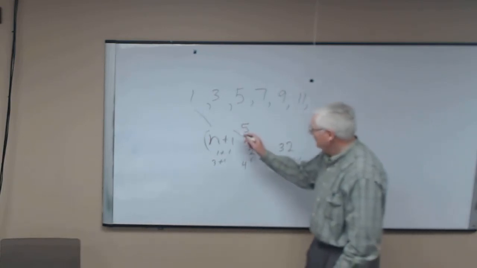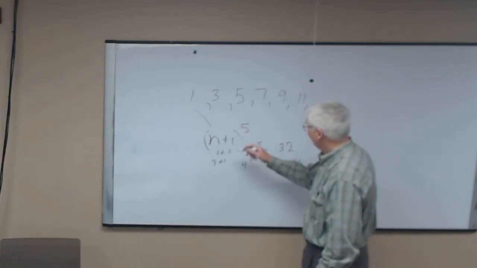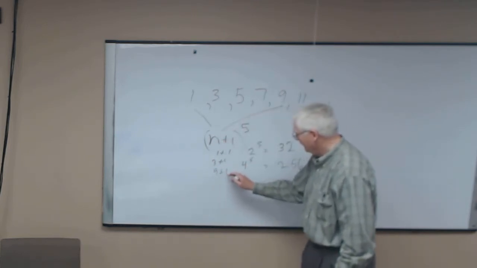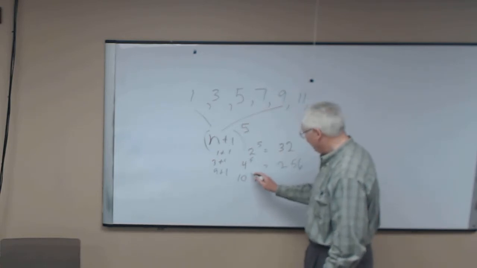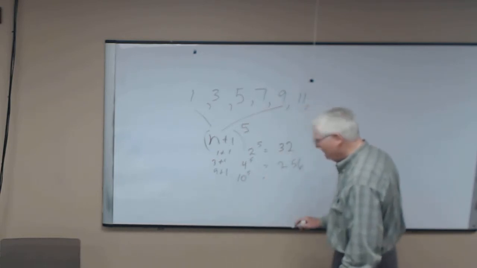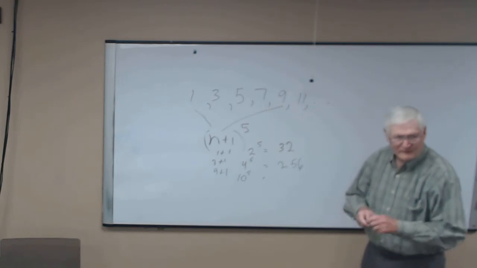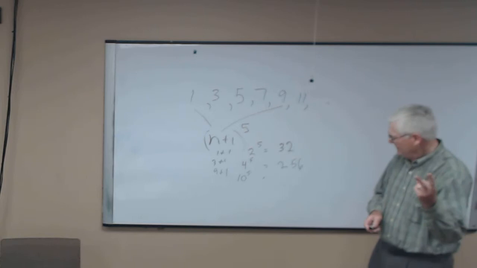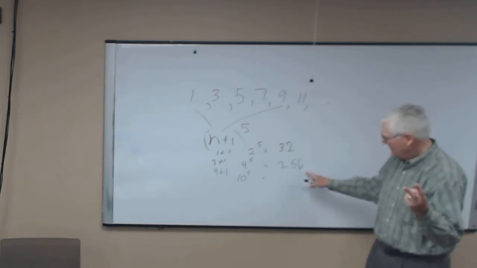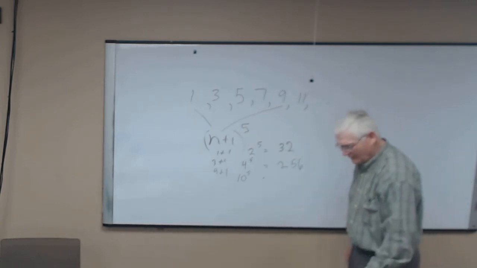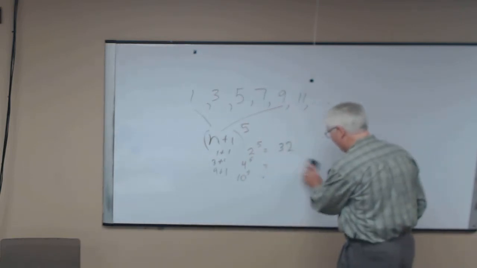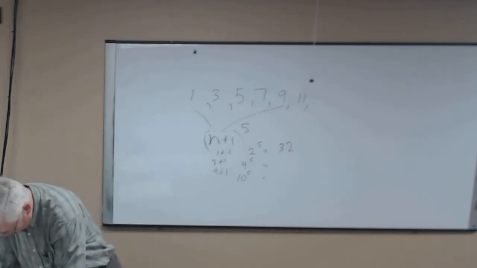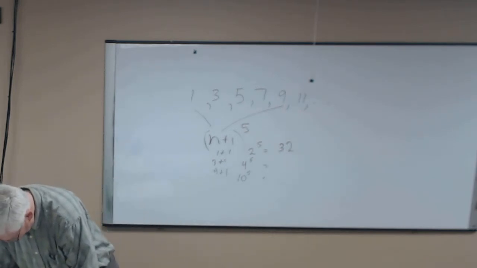Well, let's do 9. What's 9 plus 1? What's 10 to the 5th? 10 times 10. Did we do this to the 5th? That's to the 4th. What is it to the 5th? You're not going to tell me? Well, then I'll look down here and figure it out.